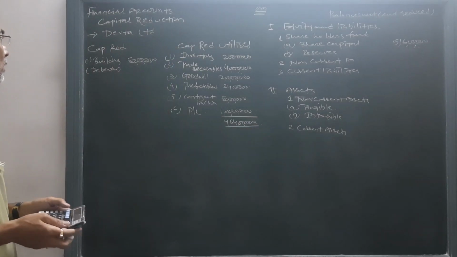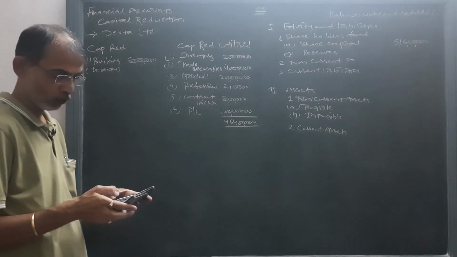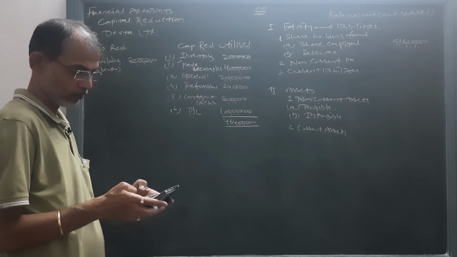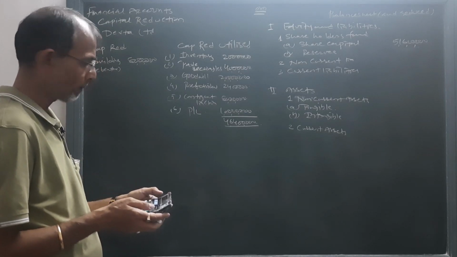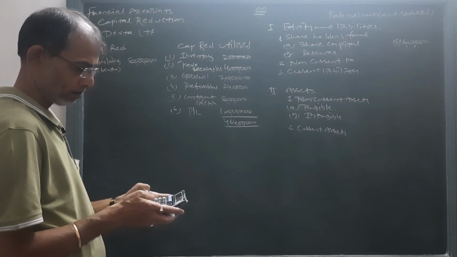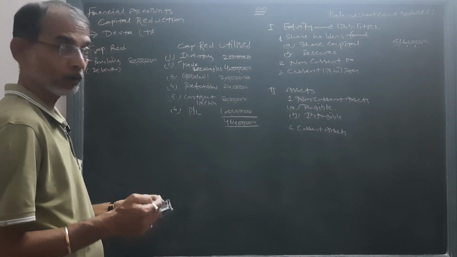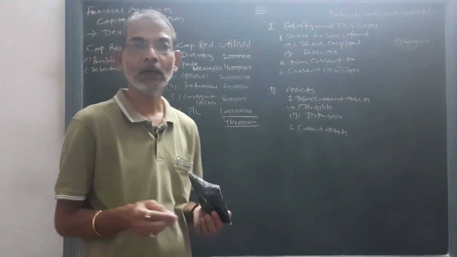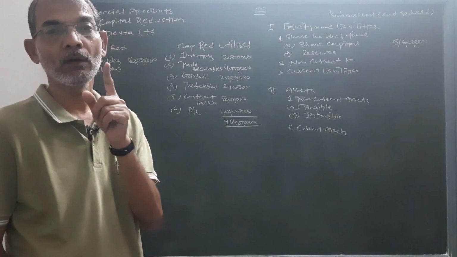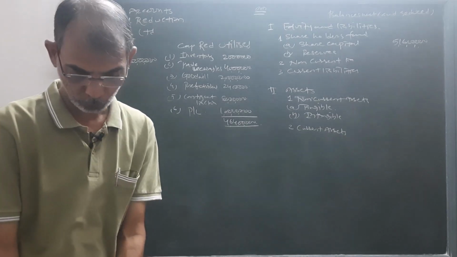While capital reduction shows only 80 lakh, so three crore 84 lakh are to be written off from equity share capital and preference share capital in 2:1.